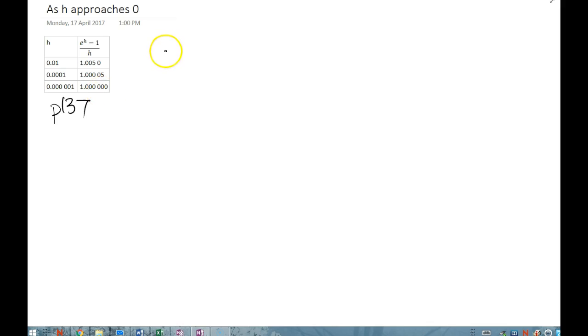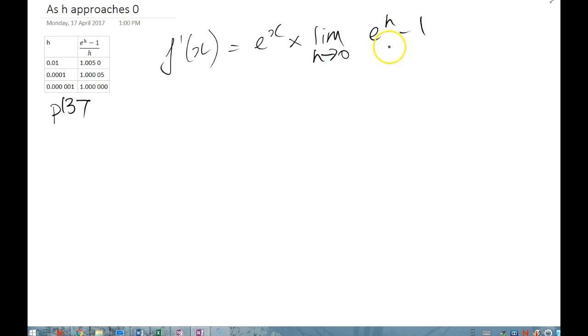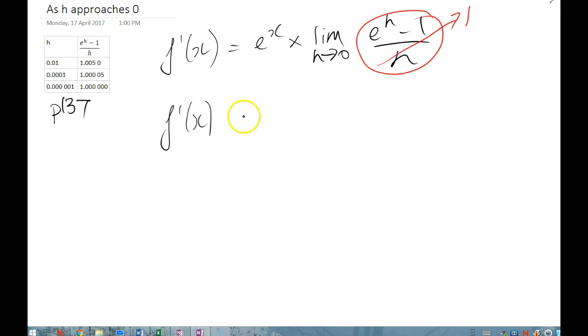So my f dash of x, which is e to the x times the limit as h approaches 0 of e to the h minus 1 over h, has that fraction approaching the value 1. So my derivative f dash of x is really just e to the x times 1, or just e to the x.